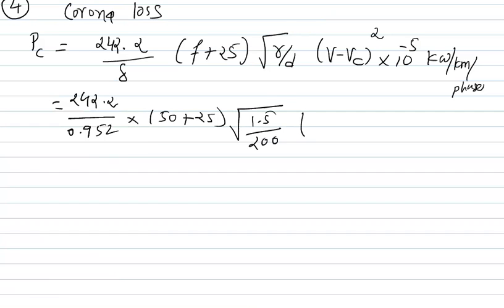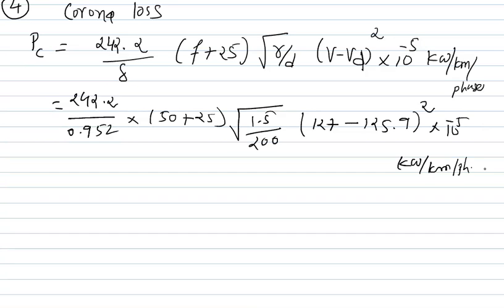Then this V is the line voltage in phase value, that is 127 kilovolt, and VC that we have calculated, VC means VD, that value is 125.9, whole square, into 10 raised to minus 5 kilovolt per kilometer per phase. And the answer of this is 0.01999 kilovolt per kilometer per phase, right?